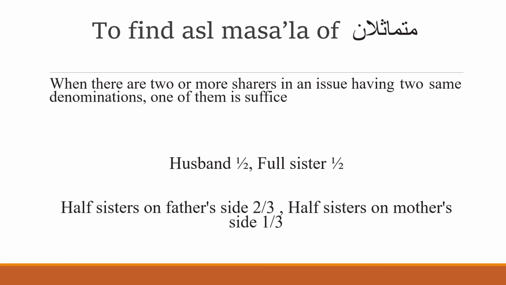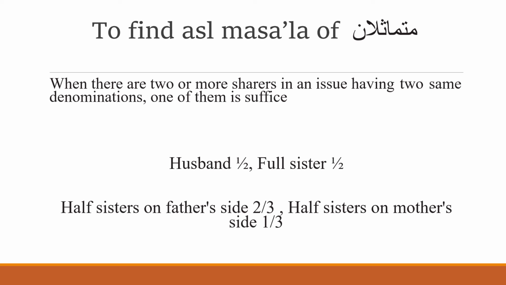The fourth is mutabayinani, like 1 by 2 and 1 by 3, where there is no factor except 1. 1 is the factor of all digits. So these are the 4 types of relations of denominators.